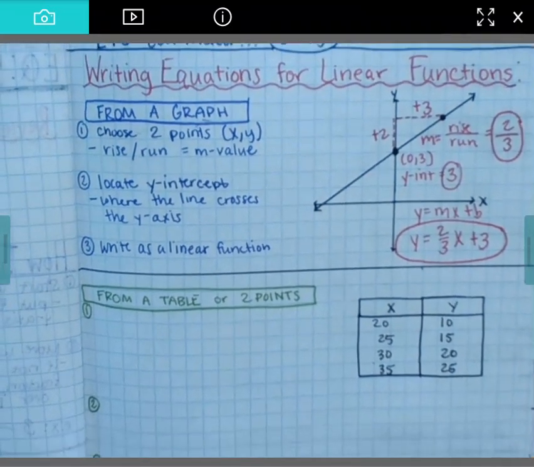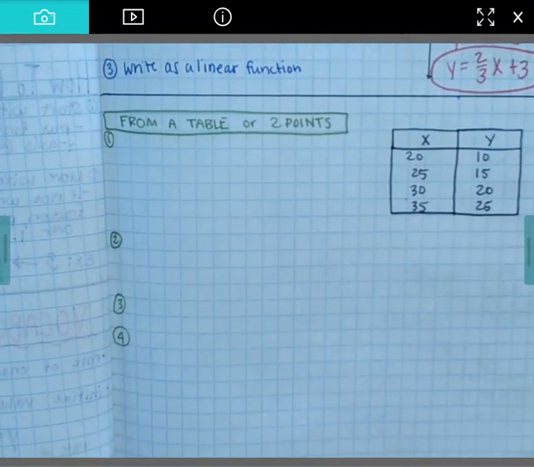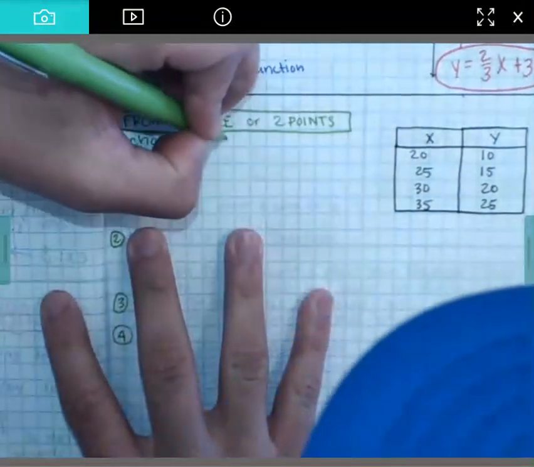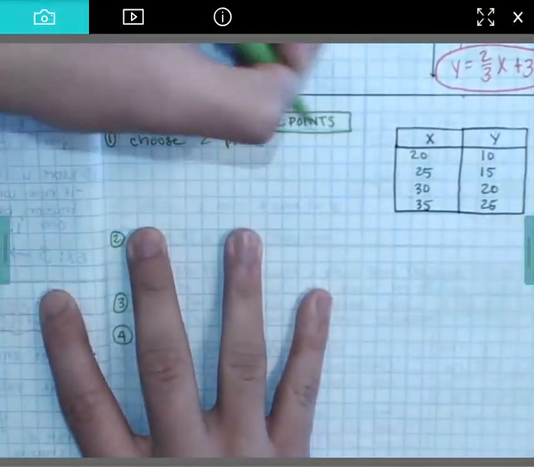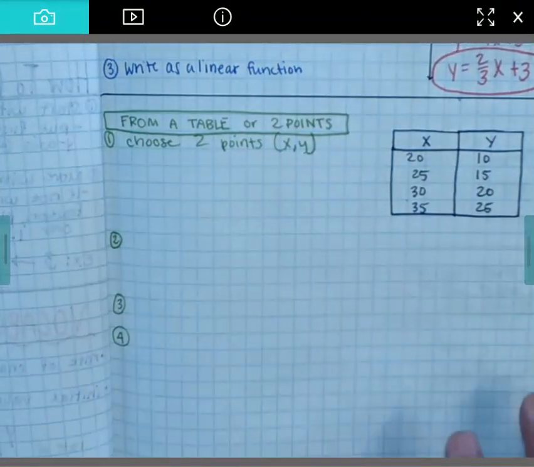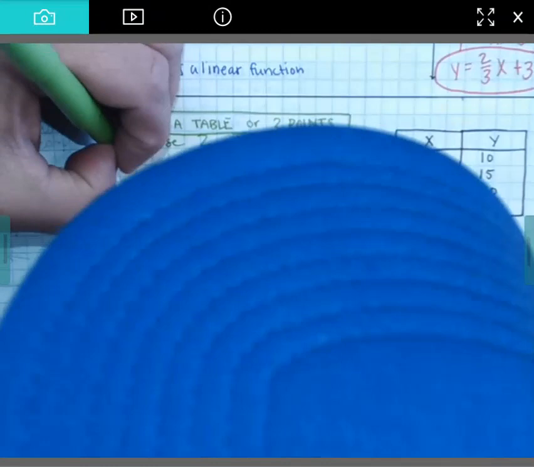The next thing that we're going to talk about is writing an equation from a table or 2 points. Okay, so just like writing an equation from a graph, we need to start by choosing 2 points, x and y. The way that this is a little different is that when we have a table or 2 sets of points, we have to find the slope using the slope formula.